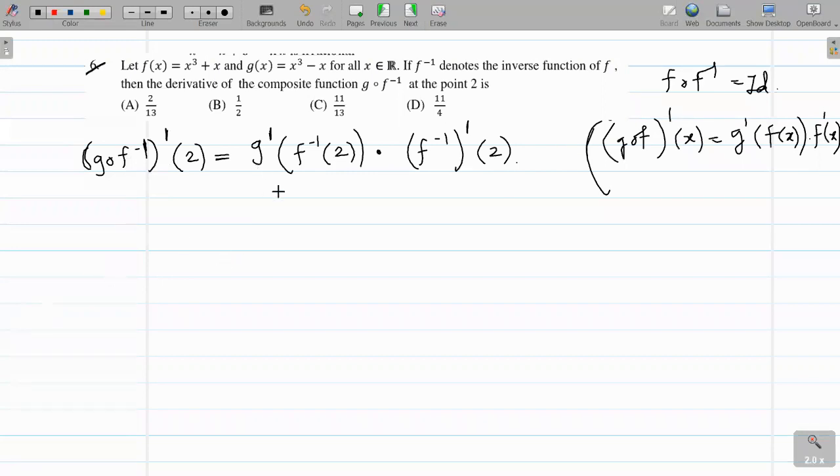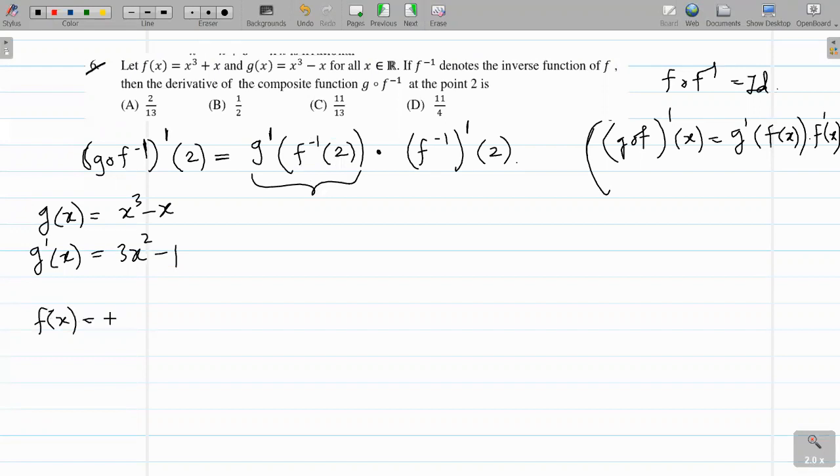Now what? Now let's look at this first. I know gx is x cube minus x. So I know g dash x is 3x square minus 1. Now can you guess f inverse 2 by looking at fx? Fx is x cube plus x.